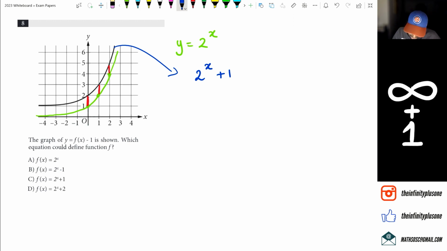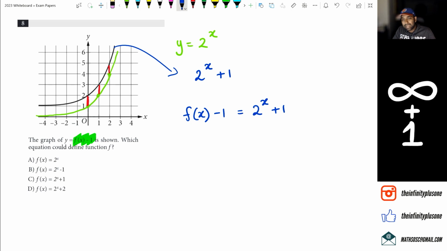But there is a slight little trick with this question, and this is this part right here where it says f of x minus 1 is shown. And they're asking what is f of x. So if you think about it like this, f of x minus 1 is what is shown. So f of x minus 1 is equal to 2 to the power of x plus 1.